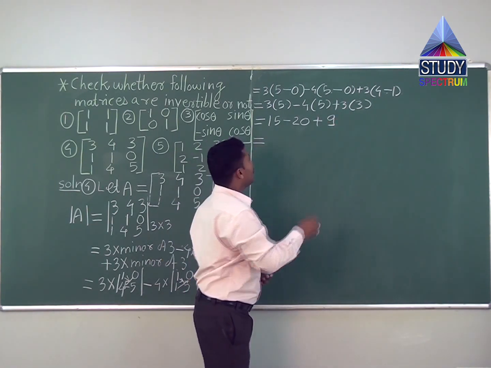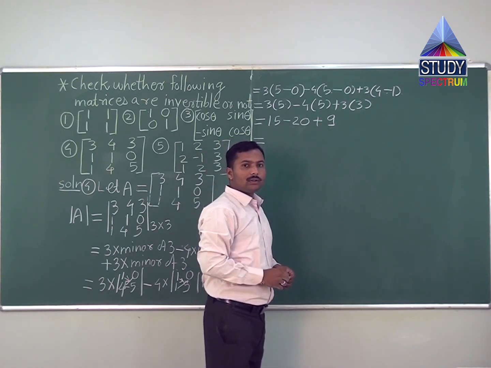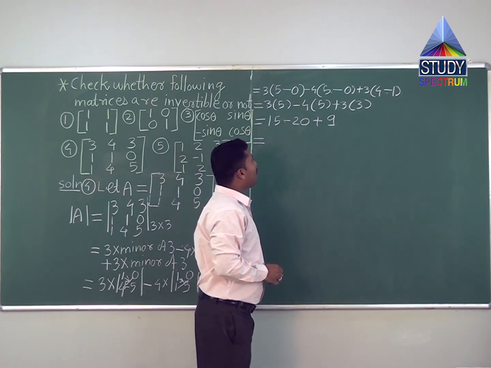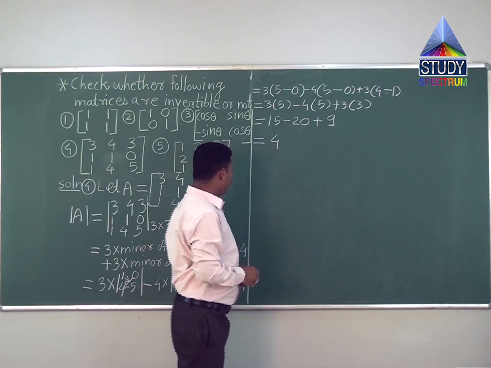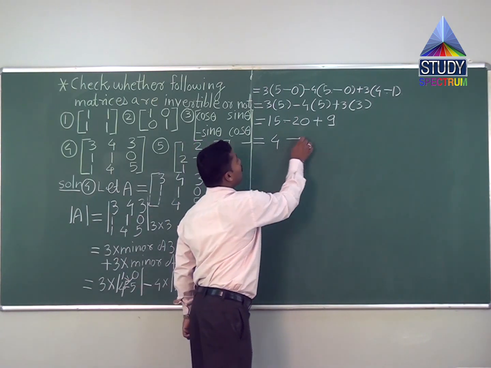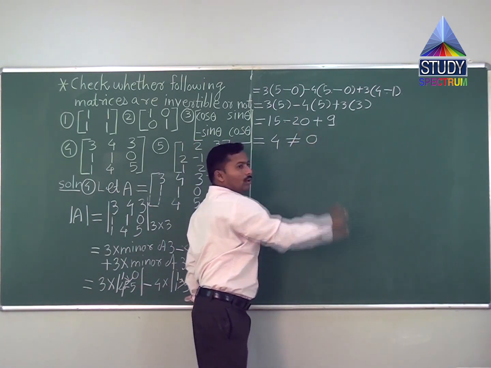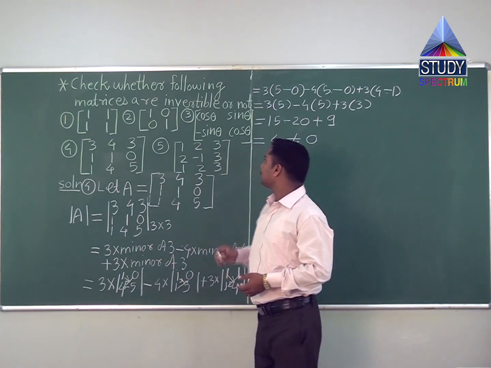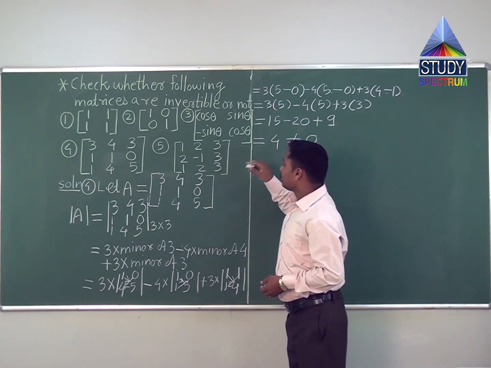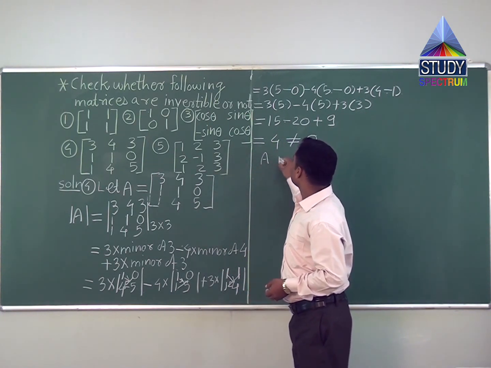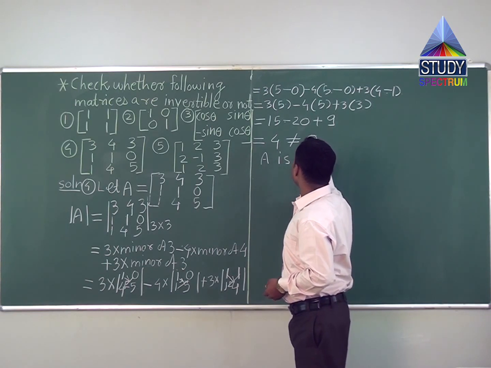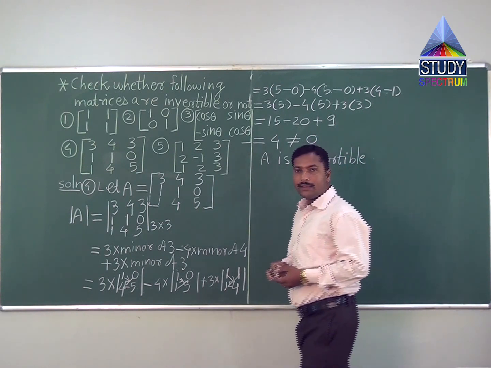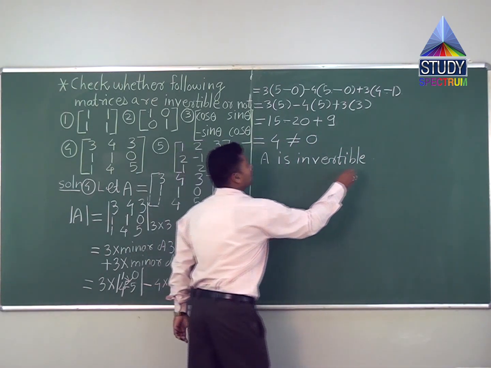Equal to 15 plus 9, 24, minus 20, 24 minus 24. So determinant of A is not equal to 0, and therefore by the definition of an invertible matrix, A is an invertible matrix.